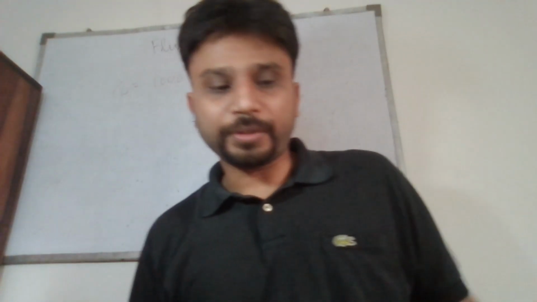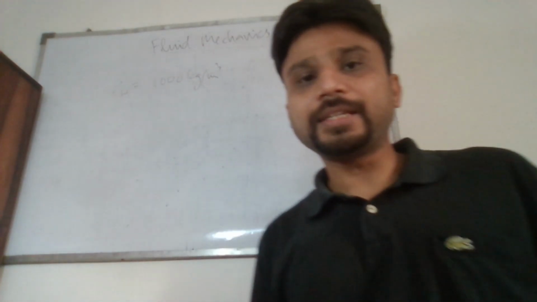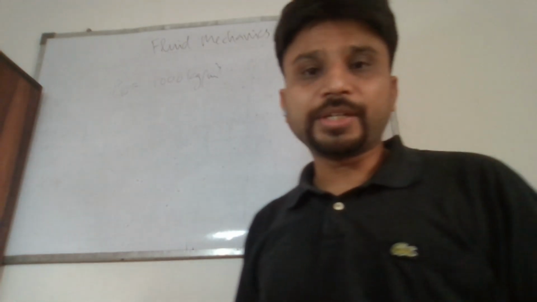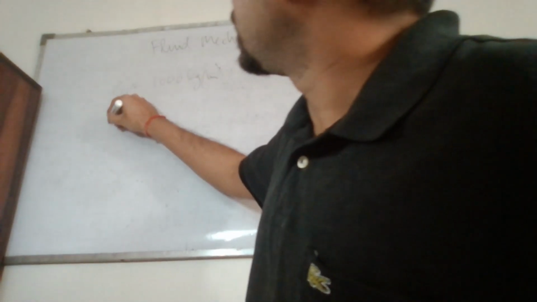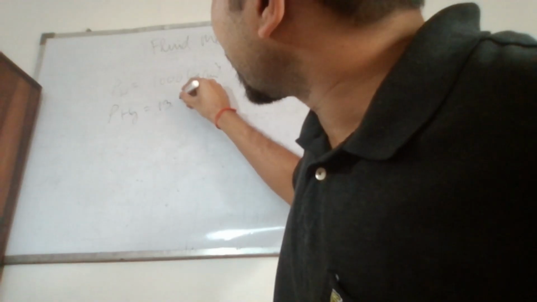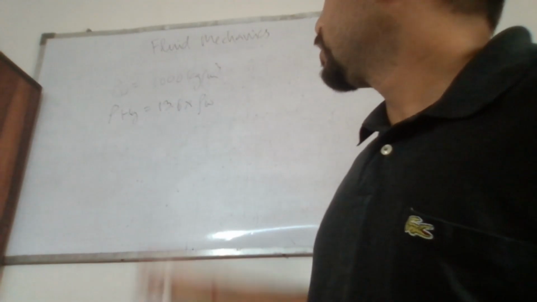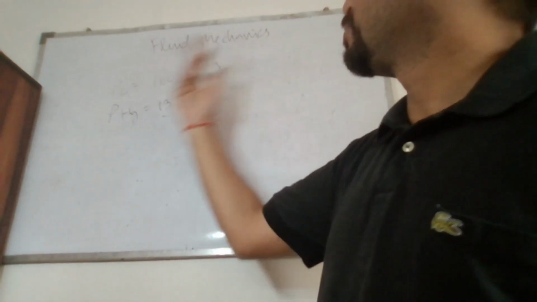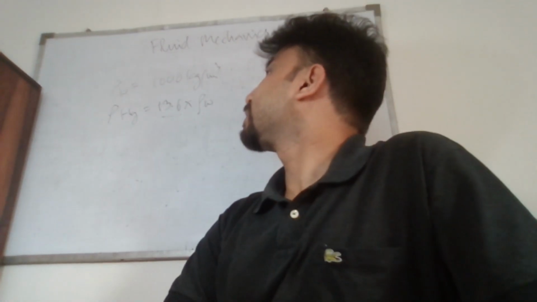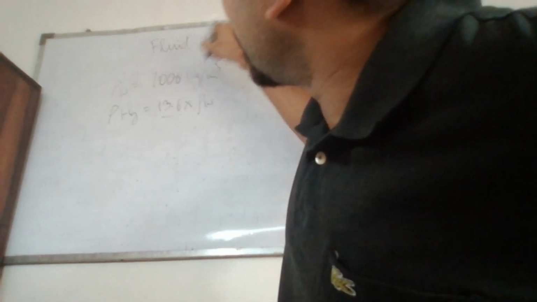But how does it help us in writing the density of a new fluid, that is mercury? Mercury's density, we can remember, is 13.6 times that of water. So it's a pretty nifty number. We don't have to remember a pretty big number, just the simple value 13.6, and the value of density of water is 1000 kg per meter cube.